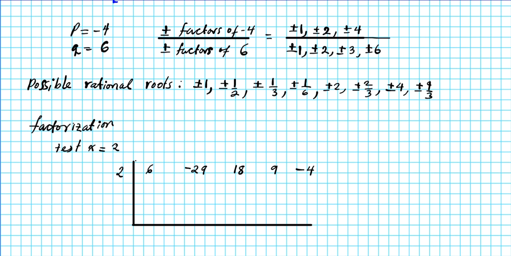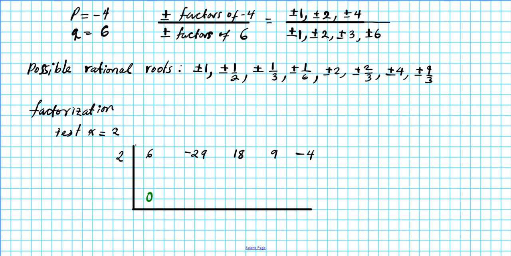This is a possible rational root. And then we're going to proceed with our synthetic division. There is no number here, so we put a 0. What we're going to do is we're going to add down and multiply across over and over again until we end up with the last term.